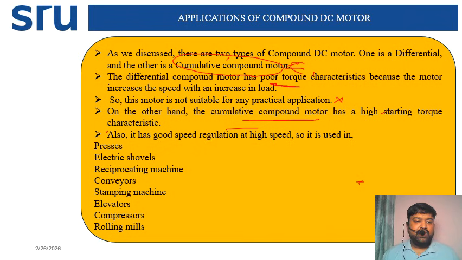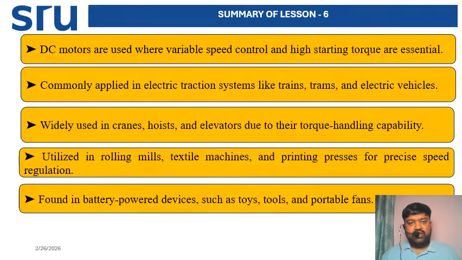Examples are presses, electric shears, reciprocating machines, conveyors, stamping machines, elevators, and so on. Then what is the summary? DC motors are used where variable speed control and high static torque are required. They are commonly applied in electrical traction systems like trains, trams and electric vehicles.